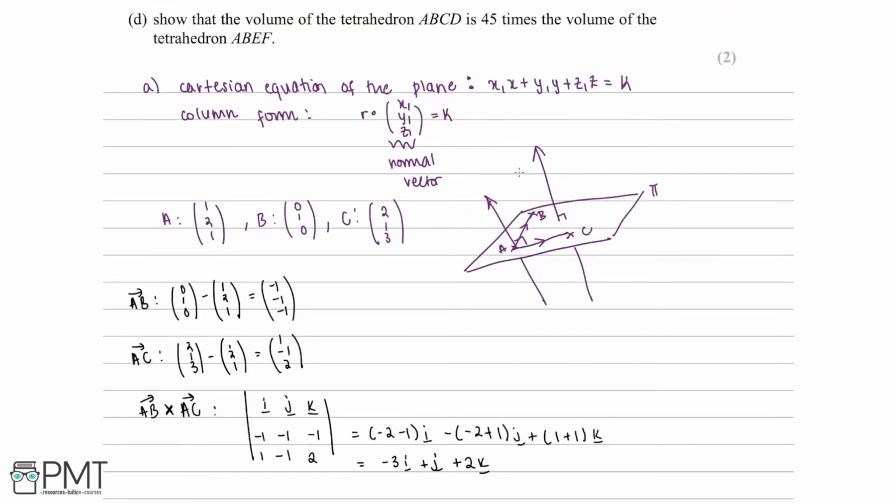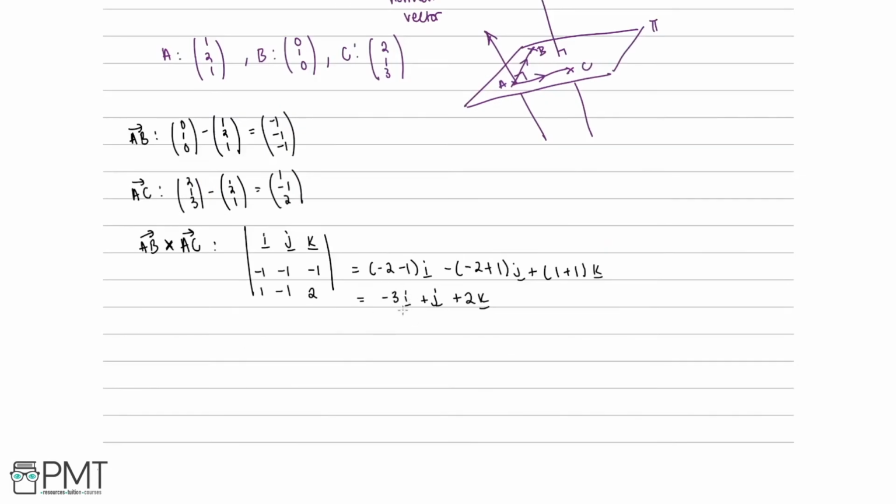Now, if we recall our Cartesian equation of our plane, x1 will be -3, y1 will be 1, and z1 will be 2. Thus, our plane will look something like this: r dot (-3, 1, 2) is equal to some scalar constant k. To find the scalar constant, we can substitute in a value that lies on our plane.